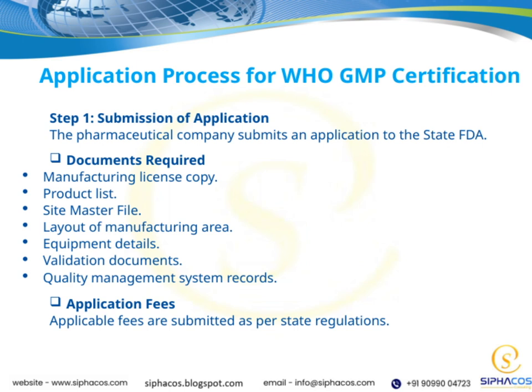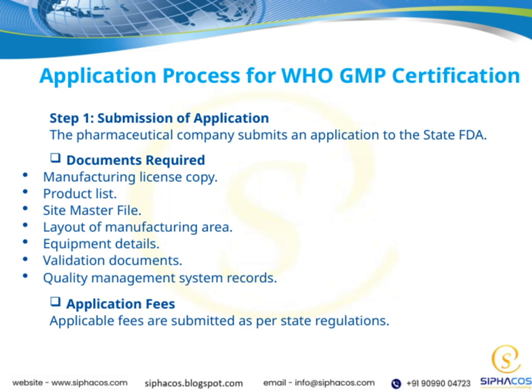Along with that, a layout of your manufacturing area is important to give inspectors a clear understanding of your setup. Equipment details are also necessary, so they know what machinery you use and how it's maintained. Validation documents are required to prove your processes are consistent and reliable. And finally, your quality management system records should be ready to demonstrate your commitment to quality standards.